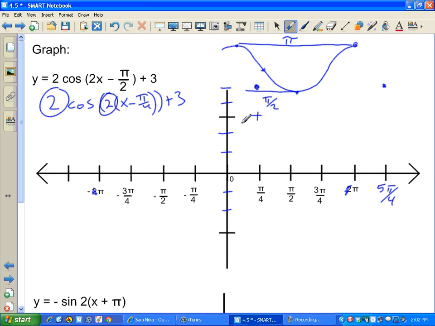That's where I'm going to be at the bottom. And the bottom should be 2 under my baseline here. Okay, so 2 below that. Again, that 2 comes from this. This is my amplitude now. Halfway between these is where I'll be on my baseline. Same over here. So here's my transformed graph.